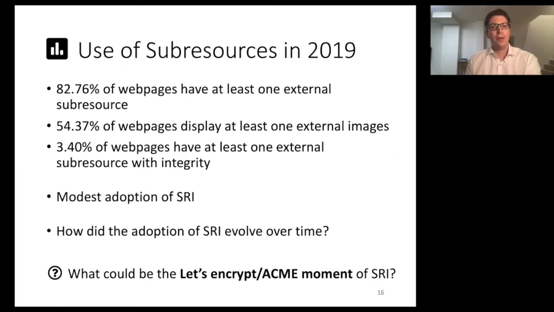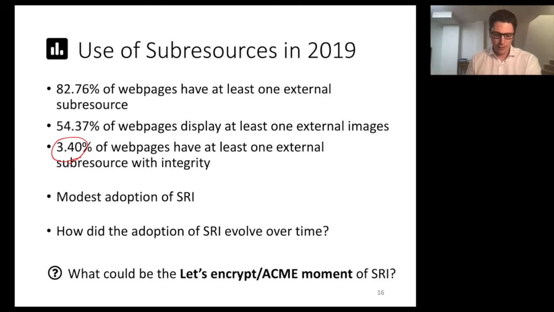So now if we focus on sub-resources, in 2019, we have about 82% of web pages that have at least one external sub-resource, 54% of web pages displaying at least one external image, and about 3.4% of web pages having at least one external sub-resource with integrity.